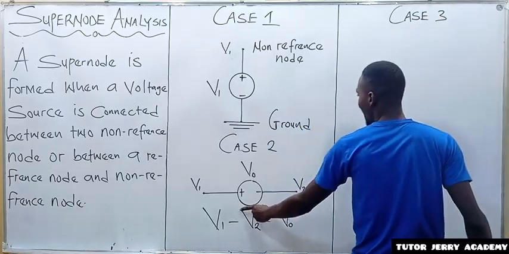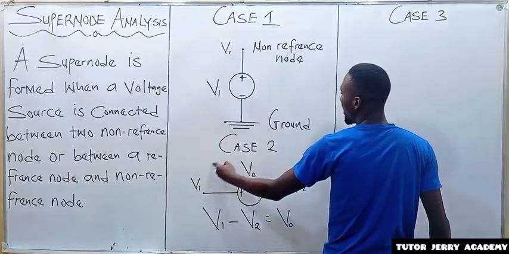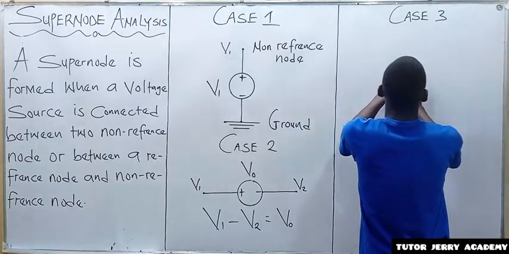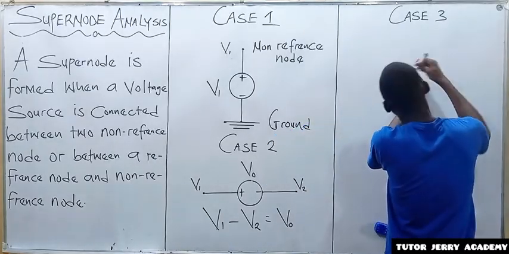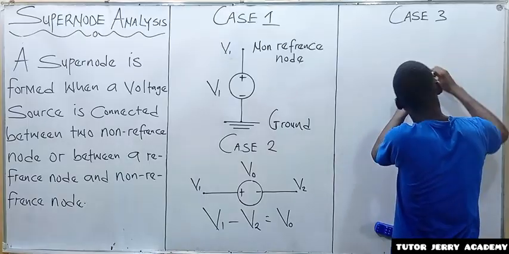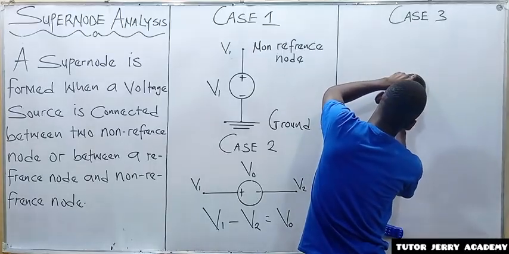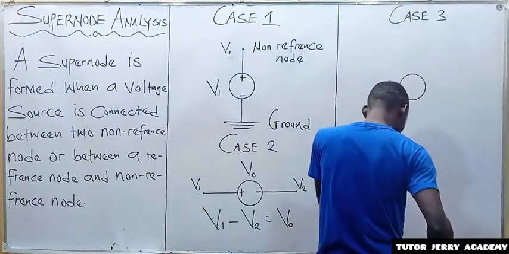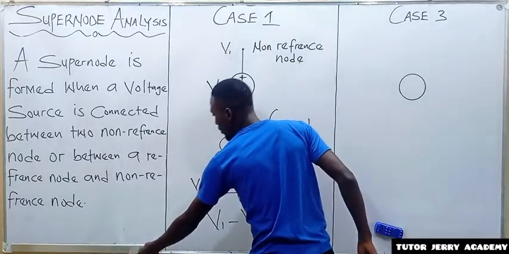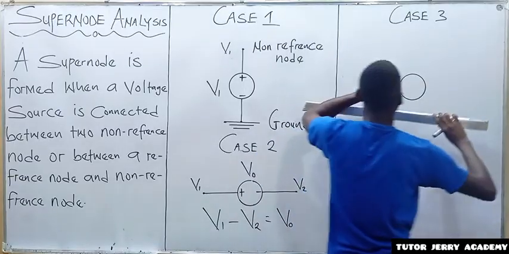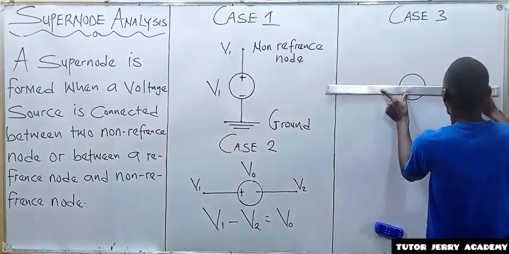So if this diagram here is connected to a resistor in parallel, it's going to be in this manner.